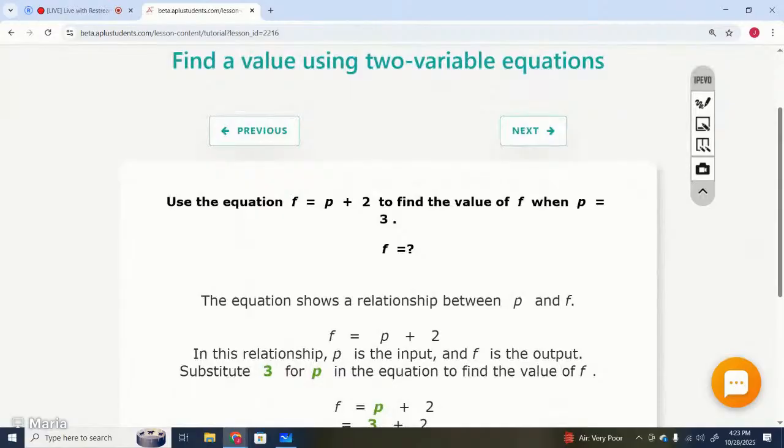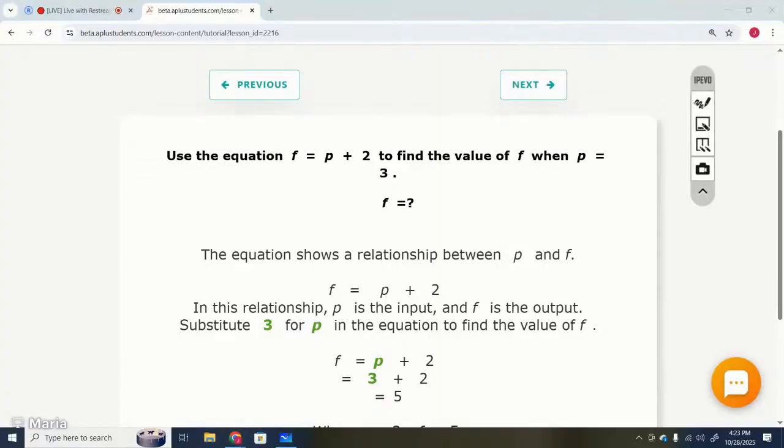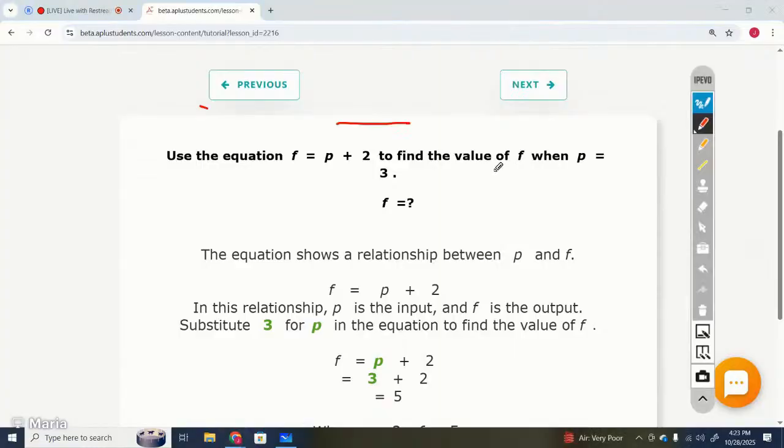Use the equation f equals p plus 2. Find the value of f.